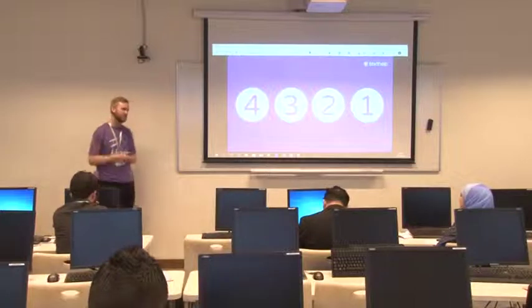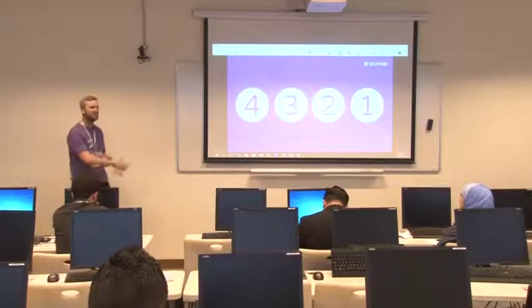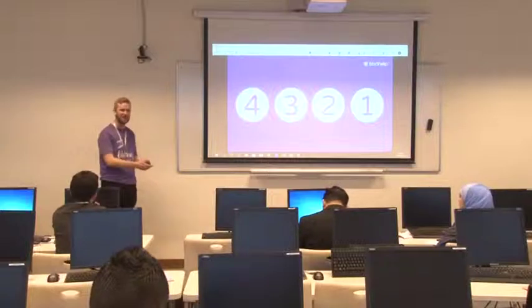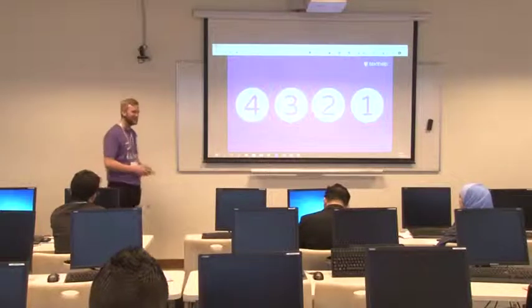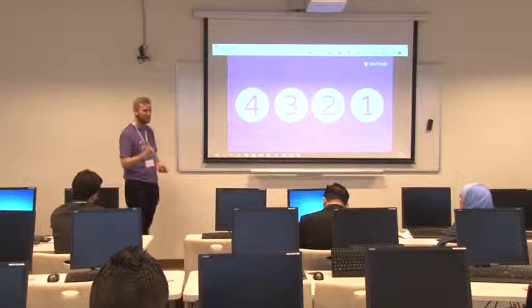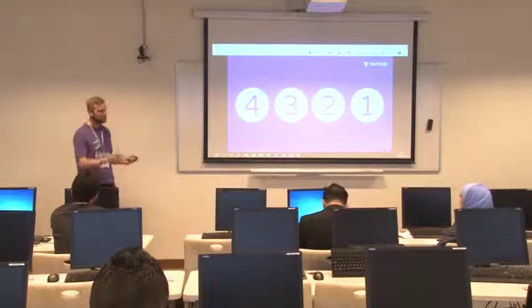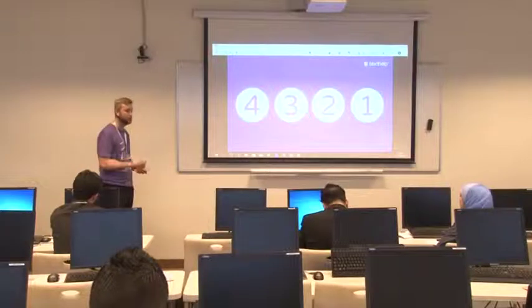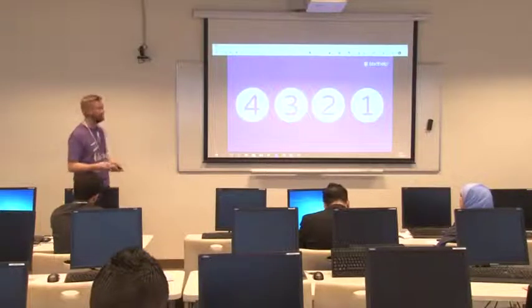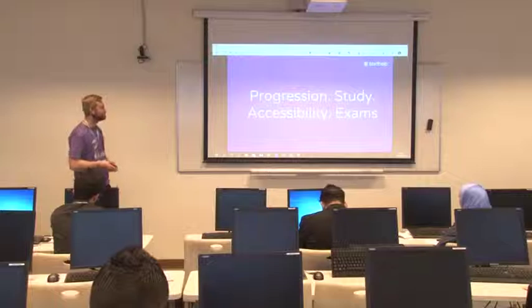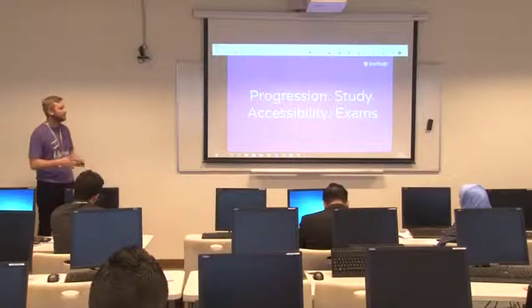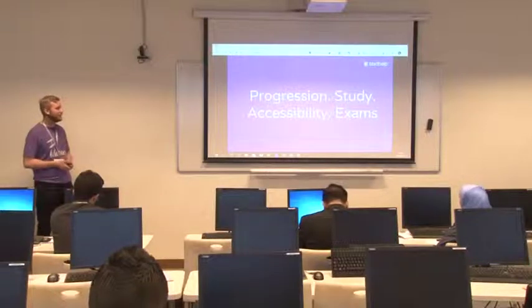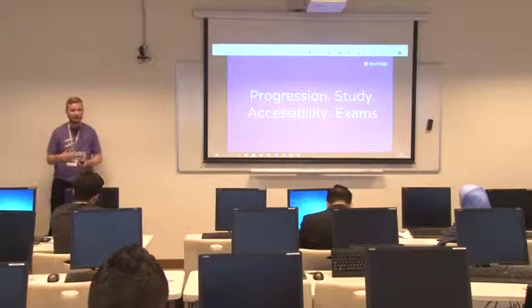However, I use software on a daily basis, whether that be Siri. I also have a Google Home at home, which makes my life so much easier whenever I'm turning the heating off, whenever my wife is trying to turn it back on. I can do it from my phone. So it's just a perfect example of how assistive technology can help everybody and not just those with a particular defined set of needs. Okay, so four main things here are progression, study, accessibility, and exams.